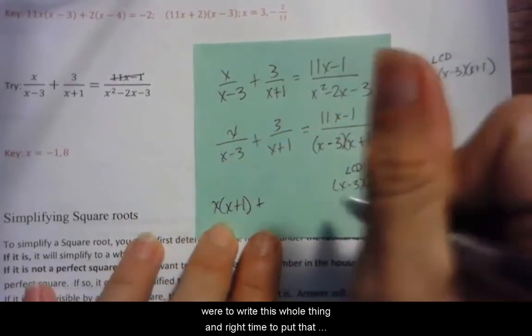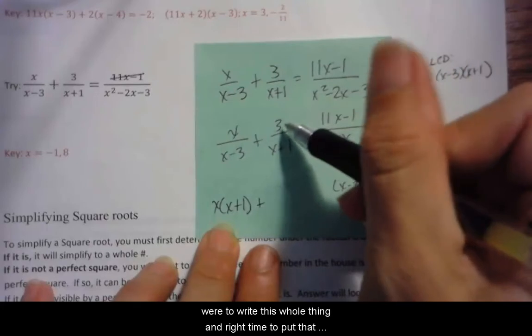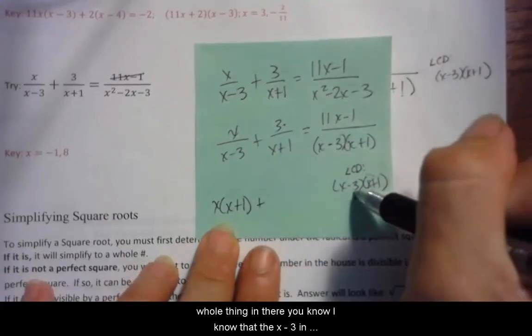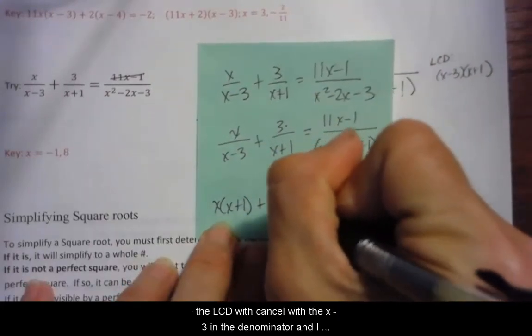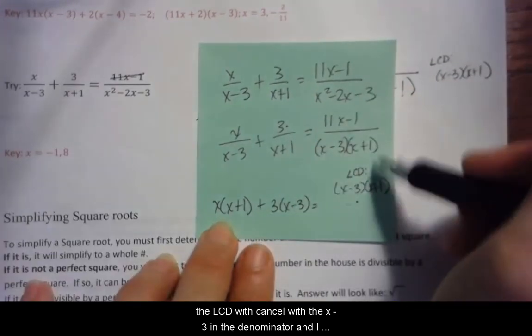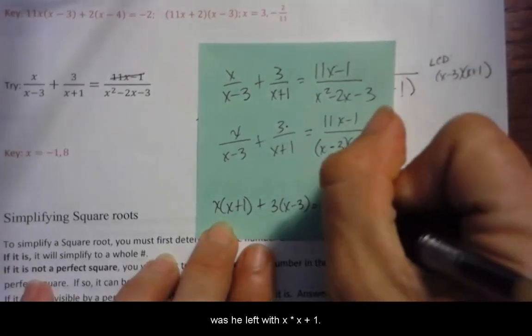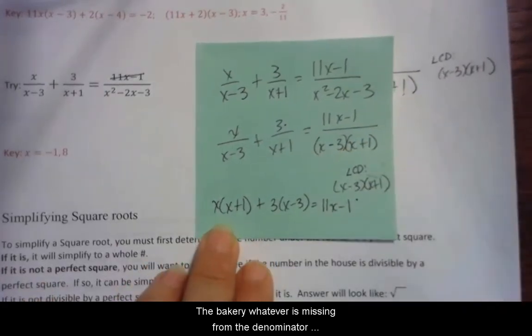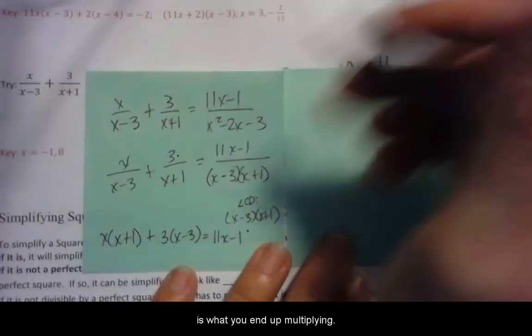So basically whatever's missing from the denominator is what you end up multiplying by the numerator. So in this case, I'd multiply 3 by x minus 3. And then for the last fraction, the whole denominator would cancel with the whole LCD, and I would be left with 11x minus 1. Okay, so now we want to distribute.